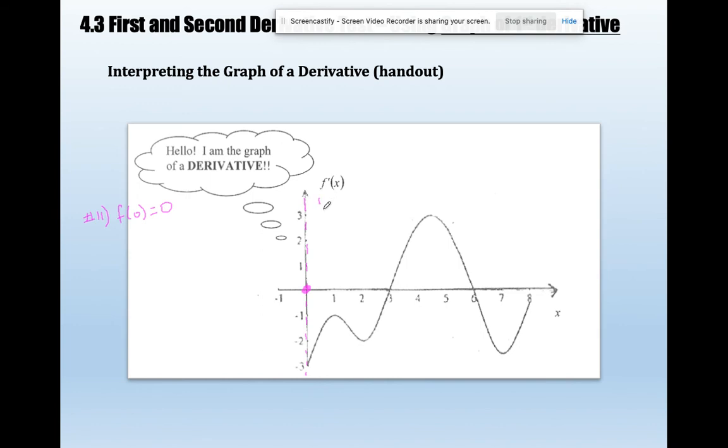Everywhere the first derivative has a turning point, or has an x-intercept, and endpoints.